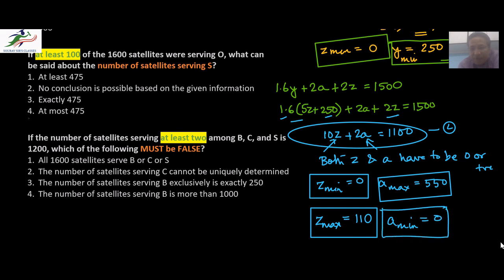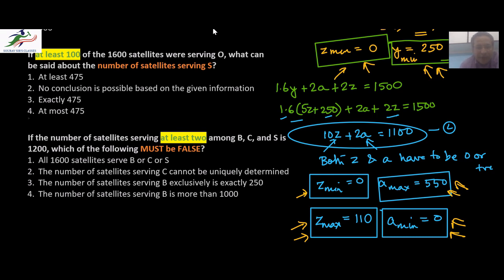So these are the conditions that we can derive from the given set of numbers: Z minimum is 0, Y minimum is 250, Z max is 110, and A max and A min are 550 and 0 respectively. Now notice that when Z is minimum, A is maximum. So there is an inverse relationship here, and when Z is maximum, A is minimum, and here also when Z is minimum, Y is minimum.